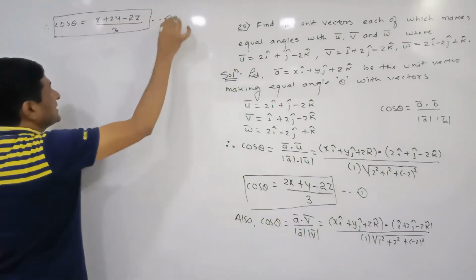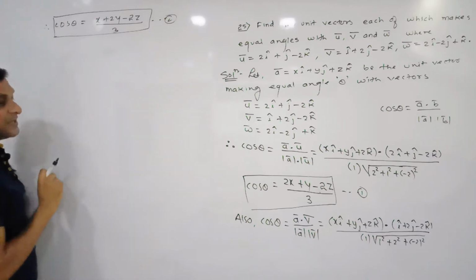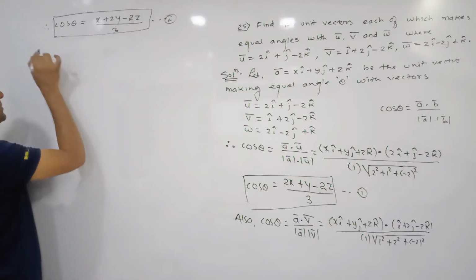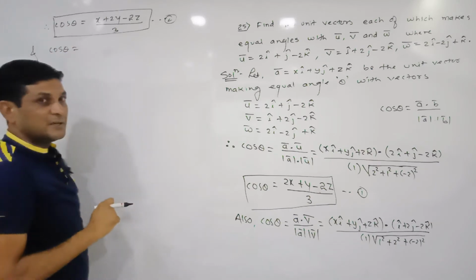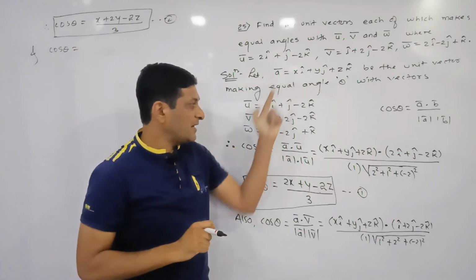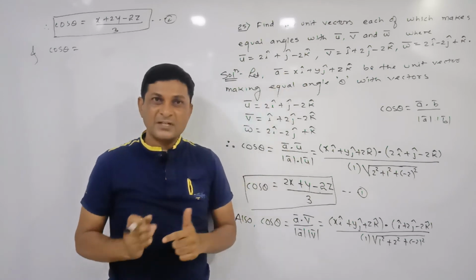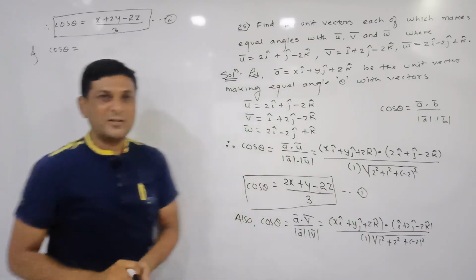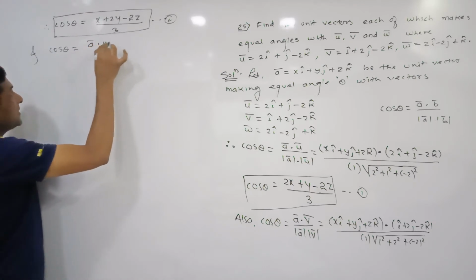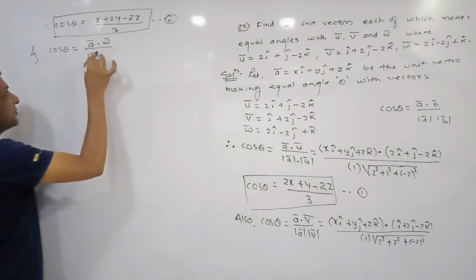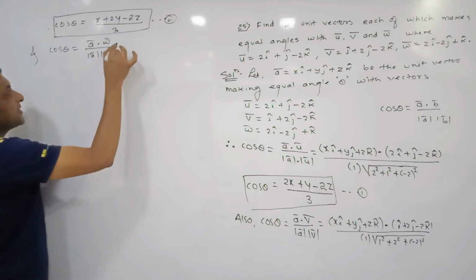Let us denote this by equation number 2. Also theta is the angle between which two vectors? A bar and W bar. Using this condition, let us find the third value of cos theta. Cos theta is A bar dot W bar divided by magnitude of A bar into magnitude of W bar.